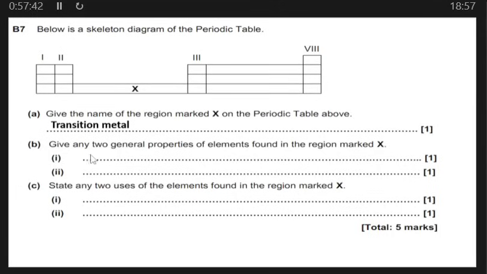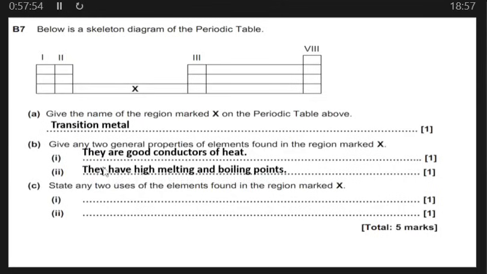B, give any two general properties of elements found in the region marked X. So they want any. So 1, they are good conductors of heat. 2, they have high melting and boiling points. Okay, so you could have said they are malleable.